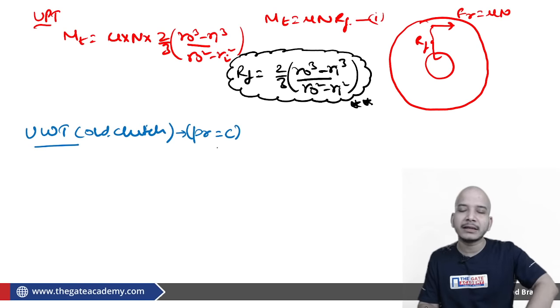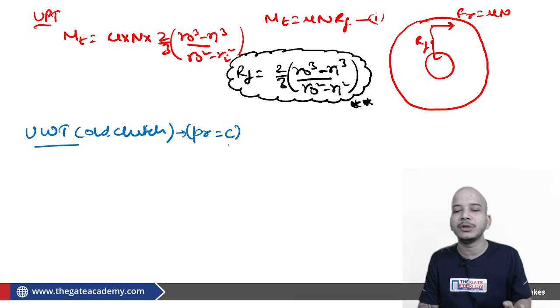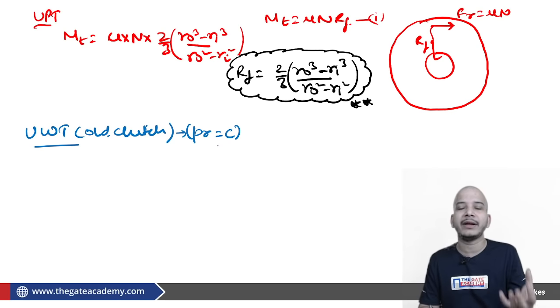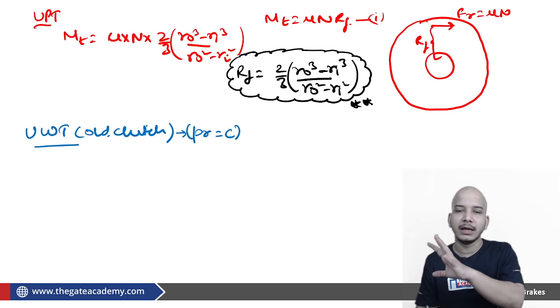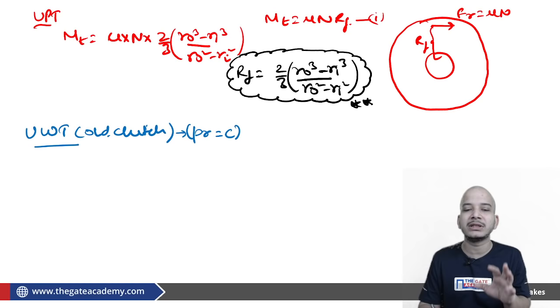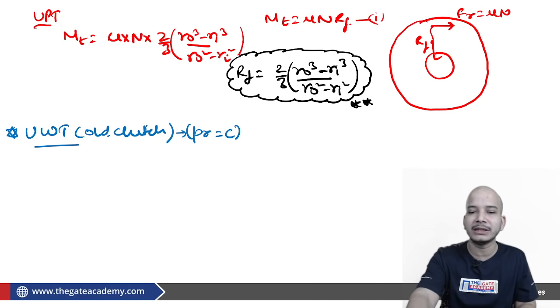How does this PR come to be constant? This is not mandatory for you to understand as far as GATE is concerned. Never ask how this PR becomes constant for your uniform wear theory or for your old clutch. They haven't asked it, but this is very interesting, so I want you to understand this.